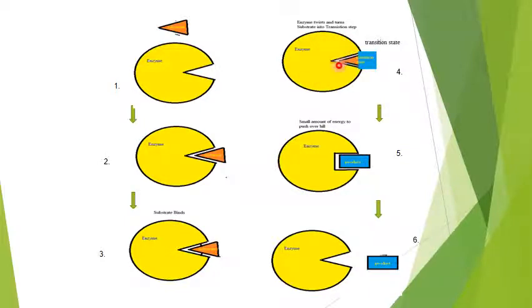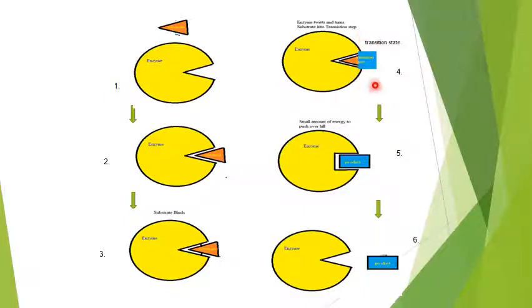Once it's locked in there, what happens is the enzyme will twist and turn to change the substrate to something called the transition state, and it's this orange blue thing. Okay, and we'll talk more about why this transition state is important. Okay, so once it makes that transition state, the chemistry takes place.